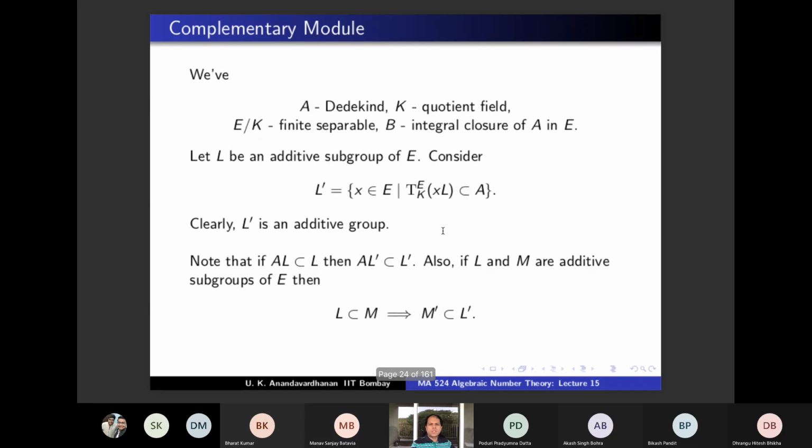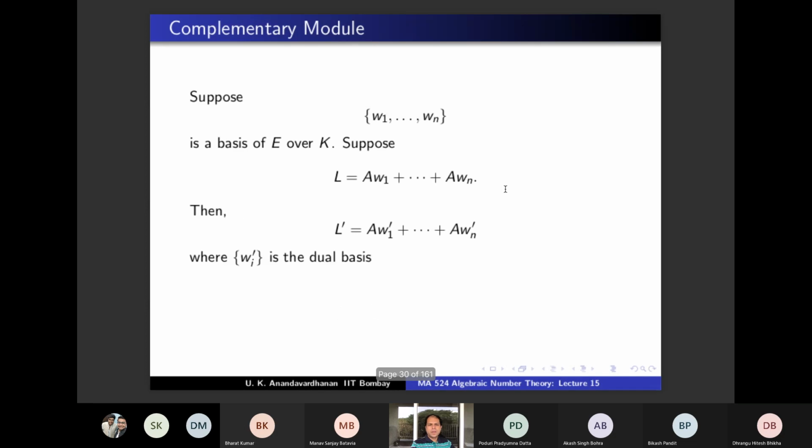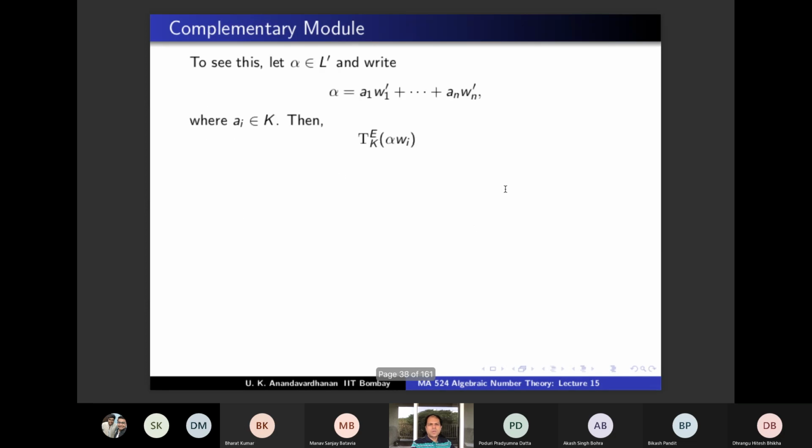The definition of L prime is that trace of xL is contained in A. So here alpha is in L prime, so trace of alpha times anything in L is contained in A. Wi is in L, because L is Aw1 plus etc. So by definition of L prime, this is contained in A. But that is equal to ai, so ai belongs to A, and this is true for each i.